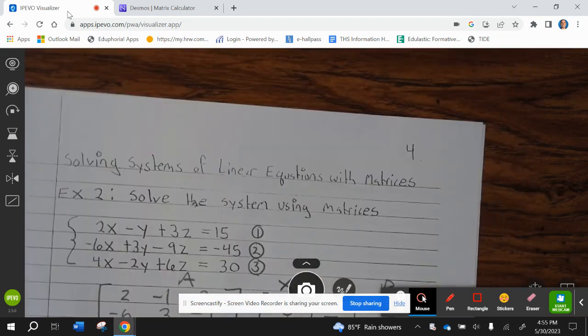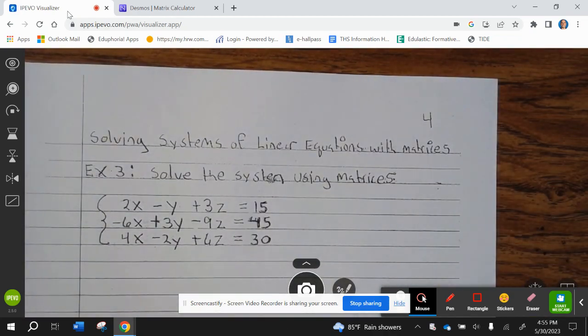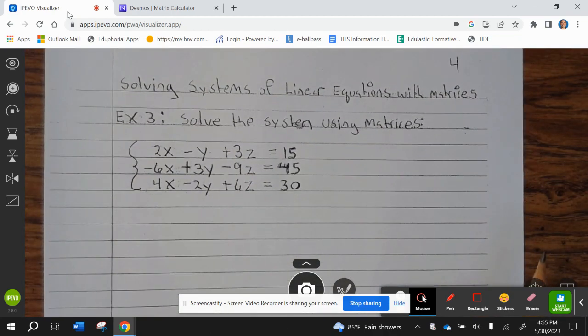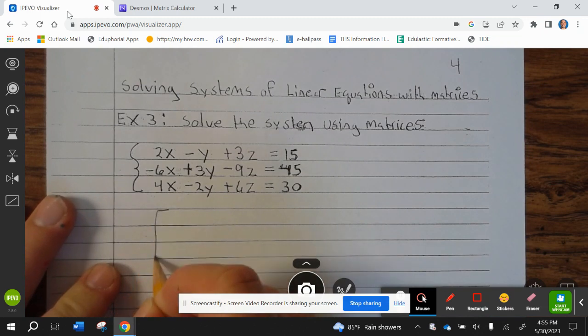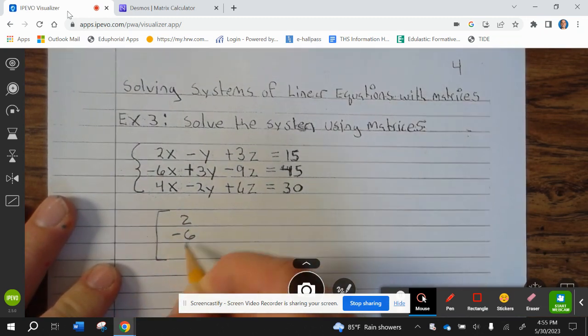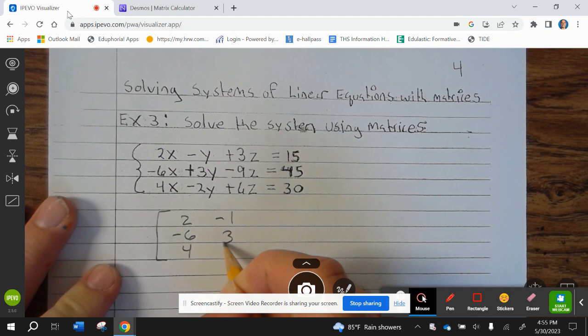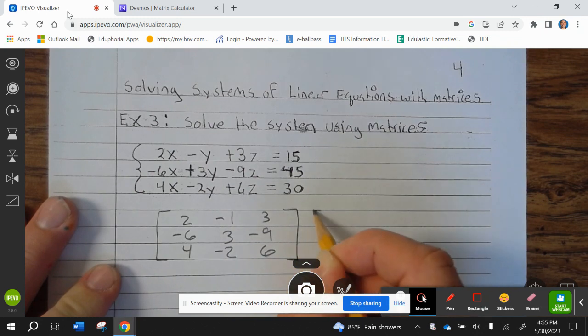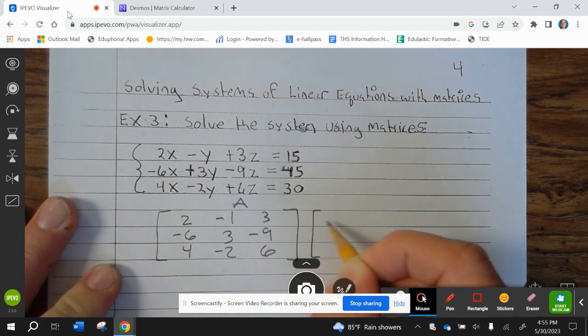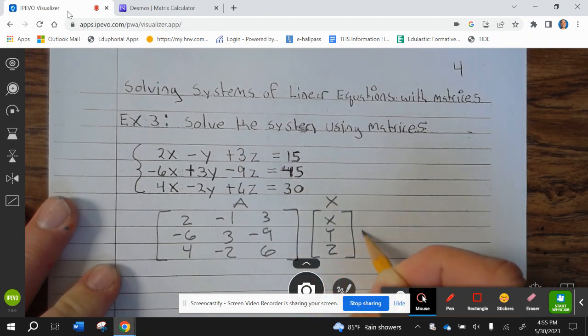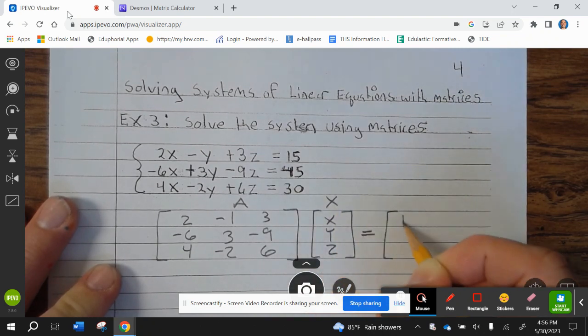All right, let's take a look at example 3. Again, we convert this to a matrix. So 2, negative 6, 4, negative 1, 3, negative 2, 3, negative 9, 6. That's A. That's x, y, z equals B, which is 15, 45, 30.